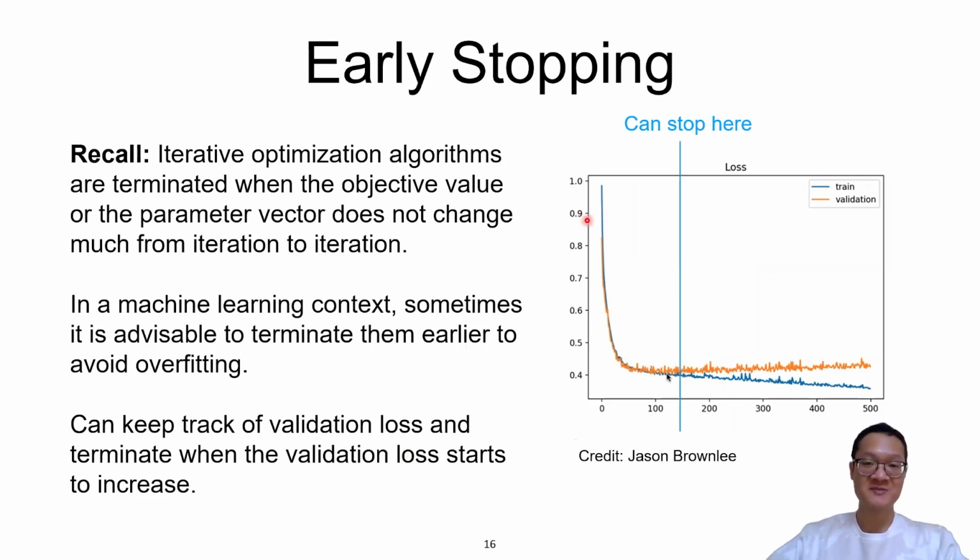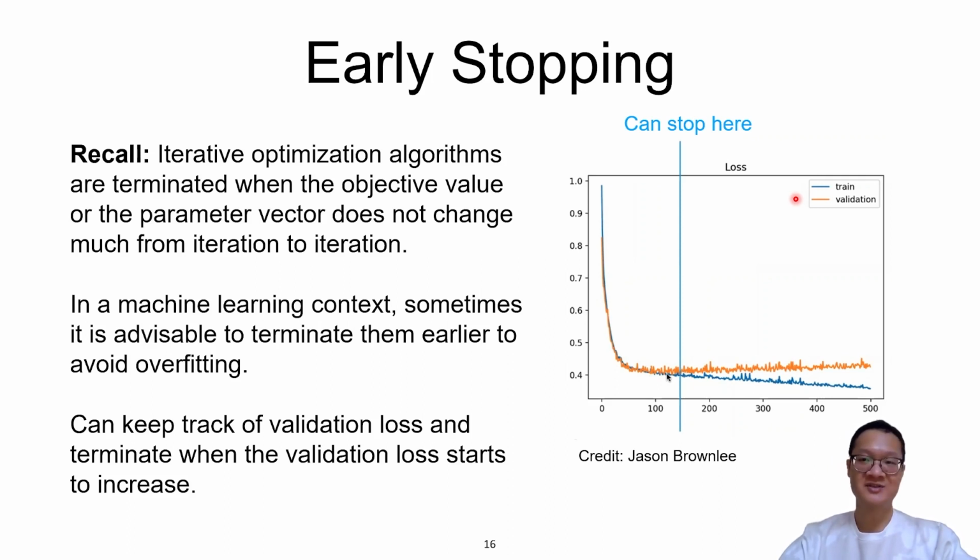Sometimes we do this by looking at both the training loss and the validation loss as a function of the training iterations, and we stop training when the validation loss starts to diverge from the training loss. So that's just an aside.